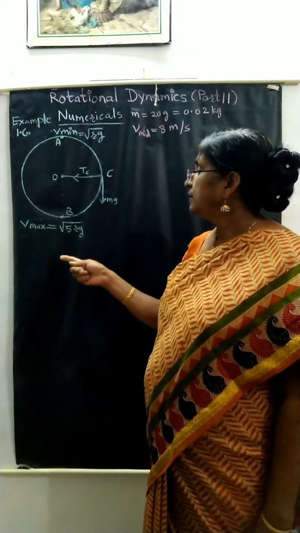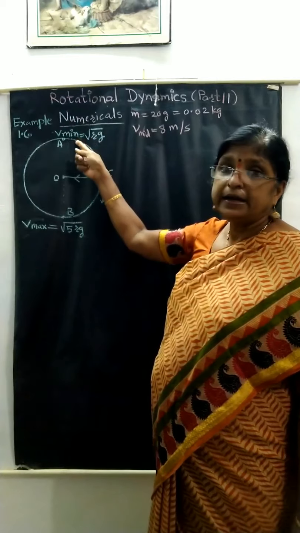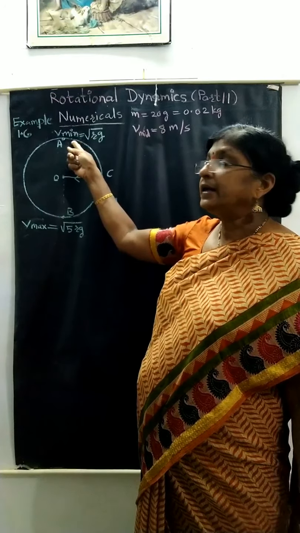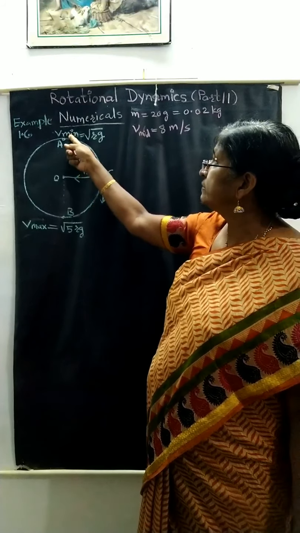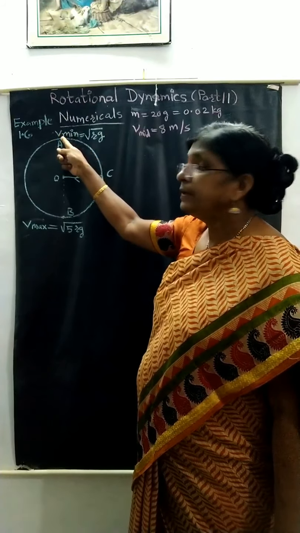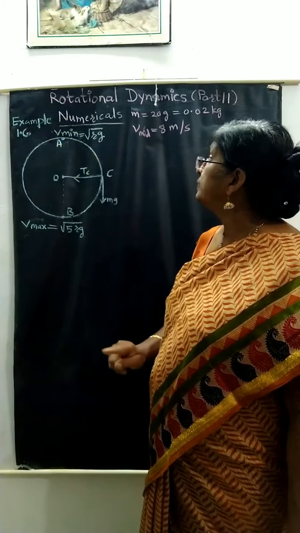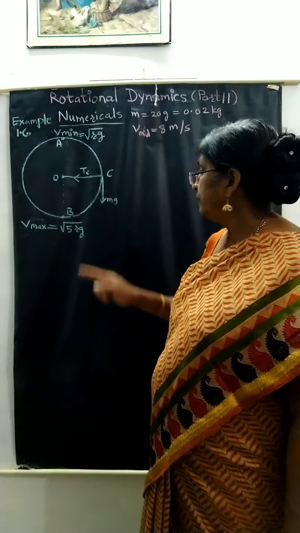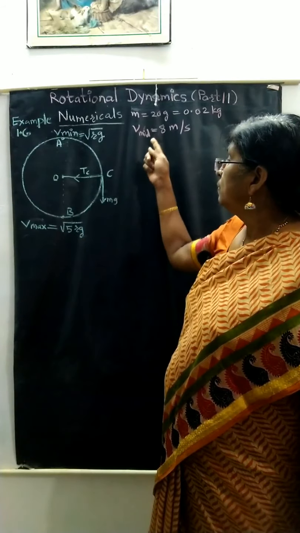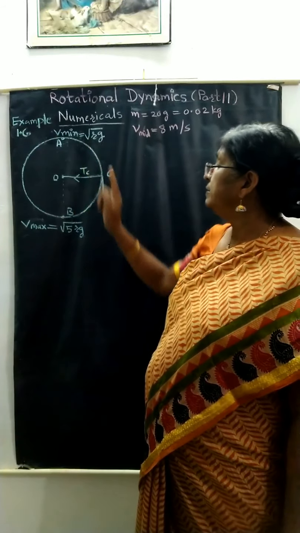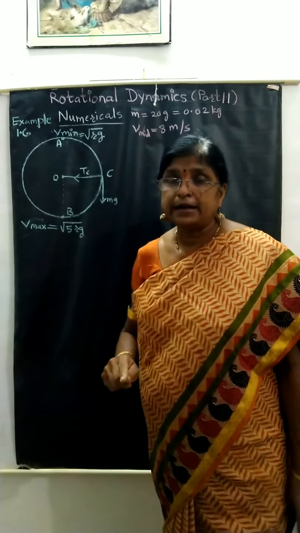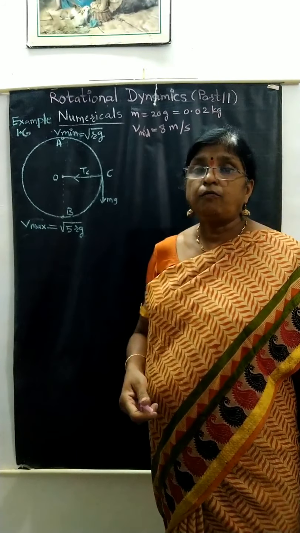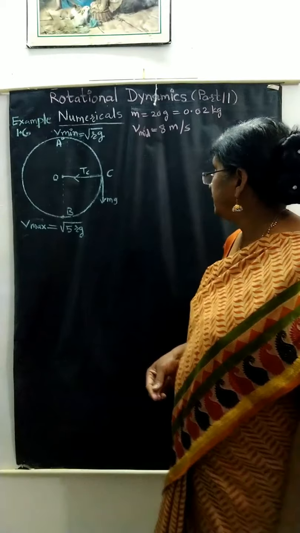So when the speed is minimum, the kinetic energy naturally will be minimum, because kinetic energy is equal to half mv square. So when V is minimum, the kinetic energy will be minimum. When V is maximum, the kinetic energy will be maximum. So for calculating the minimum and maximum kinetic energies, we are going to use the principle of conservation of energy.